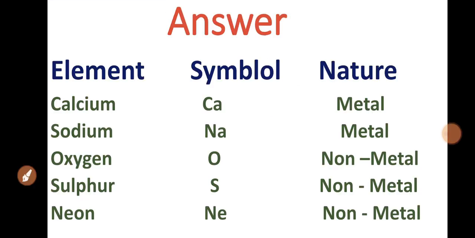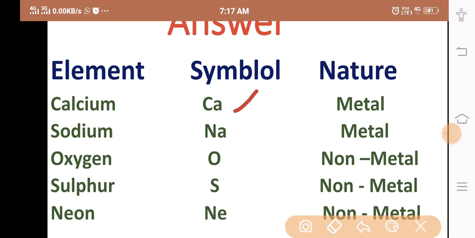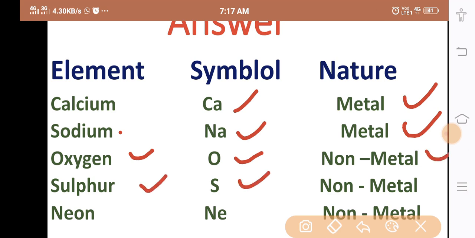You have to tell the symbol and nature. Now this is calcium, Ca, it is a metal; sodium Na, metal; oxygen O, non-metal; sulfur S, non-metal; neon Ne, noble gas.